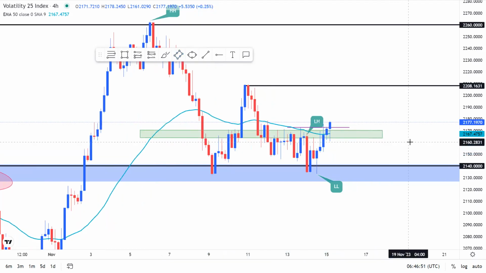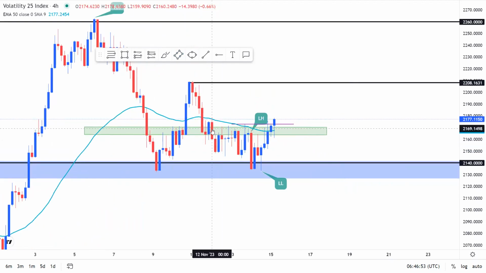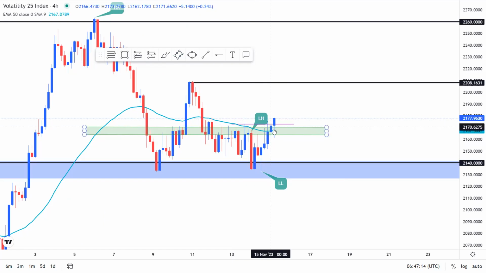So you can see how quite a number of times we've respected this level, with several bounce-offs from the level from the 4-hourly time frame perspective. Right about here, we tested the level, rejected the level, rejected the exponential moving average, and then we had a sell-off from the level. And then we are currently seeing price trading above this level.